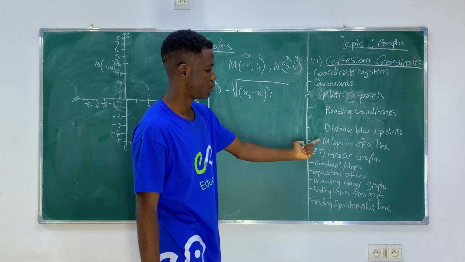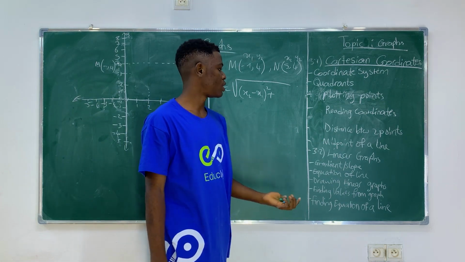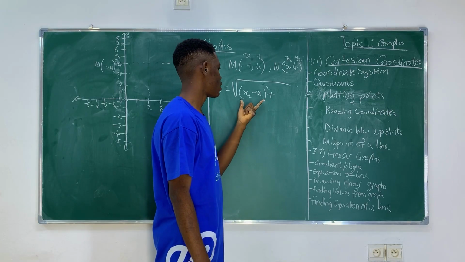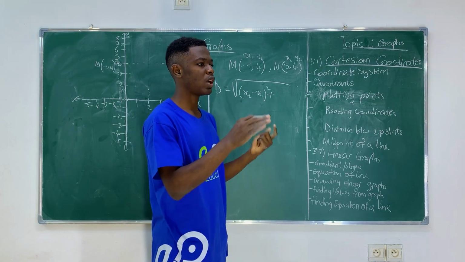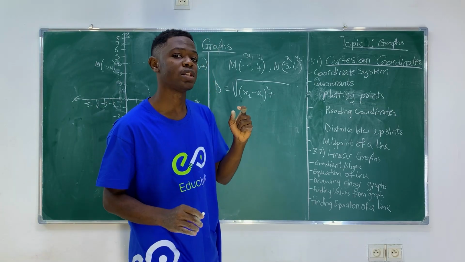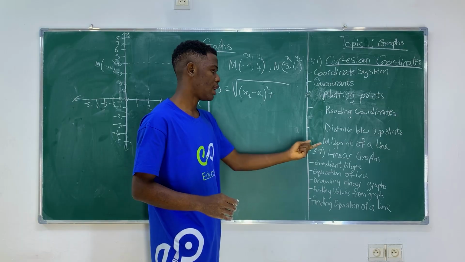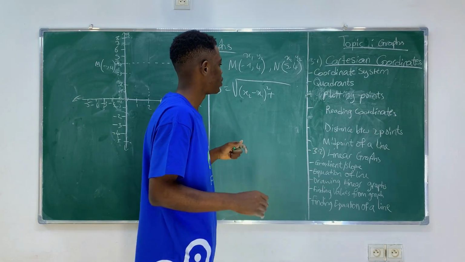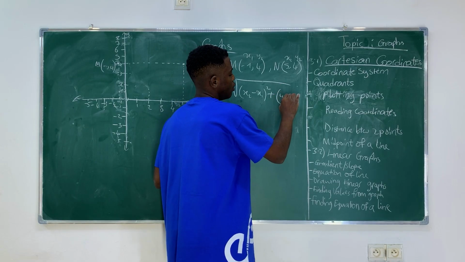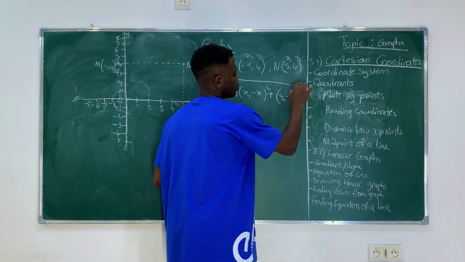You will see the formula of the midpoint also starts with x. So I want to start with x so that I don't confuse you about whether to start with x or y. Always start with x when calculating distance and midpoint.